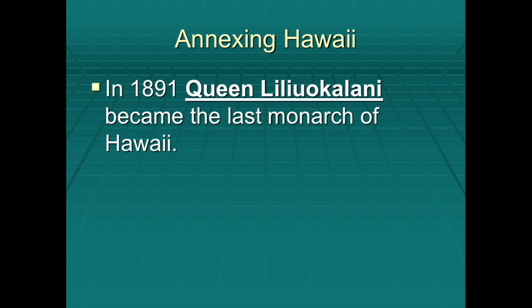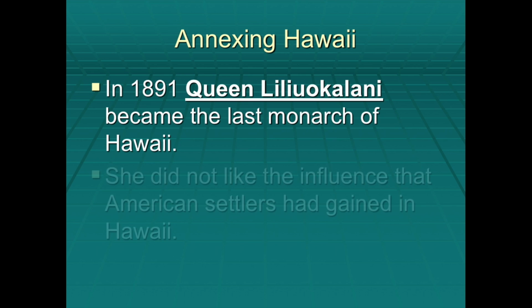So when the ships returned, he was already dead. They were flying a black flag, and Liliuokalani, saddened, of course, at the death of her brother, but also realizing that she was now queen.